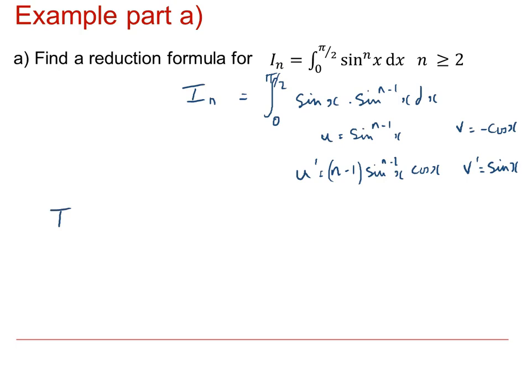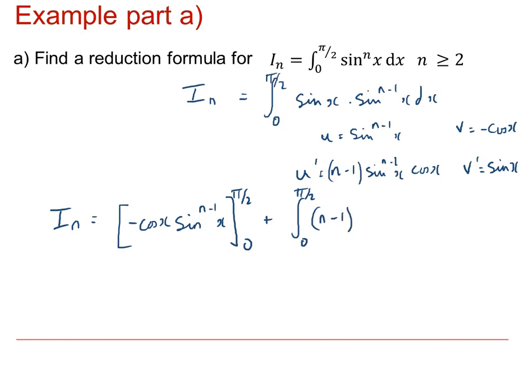So substituting those into the integration by parts formula, In will be uv, so that is minus cosine x and then sine to the power n minus 1 of x evaluated between 0 and pi by 2, and then plus, this is minus of a negative, so plus the integral from 0 to pi by 2 of n minus 1, and then we've got sine to the power n minus 2 of x and cos x multiplied by cos x, so cos squared x dx.